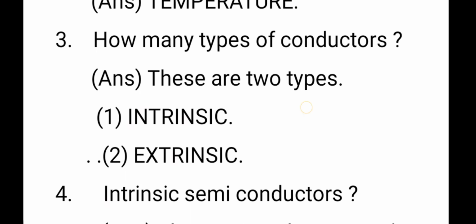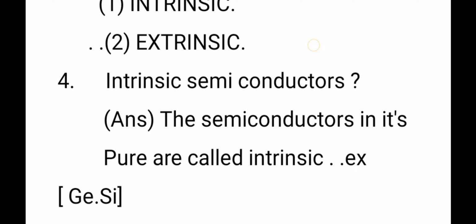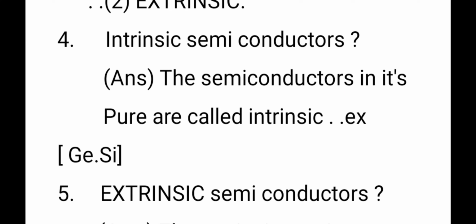Next question, how many types of semiconductors are there? There are two types: intrinsic semiconductors and extrinsic semiconductors. What is meant by intrinsic semiconductors? Semiconductors in their pure form are called intrinsic semiconductors. Germanium and silicon are the best examples. These are the purest semiconductors.